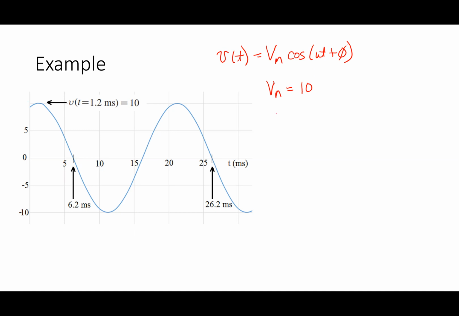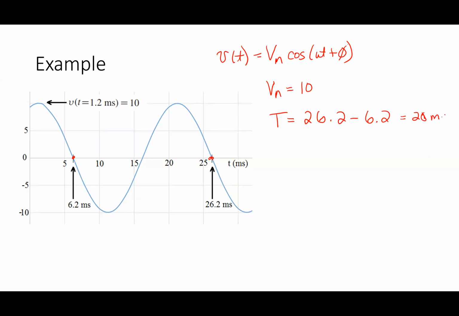Yep. So I know this guy repeats. He goes through 0 apparently at 6.2, and then he goes through 0 again at 26.2. So the period will be 20 milliseconds.